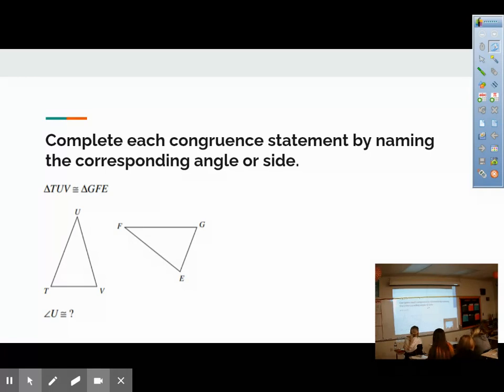Alright, go ahead, share with your partner what you wrote down. Angle F. It's actually G. Alright, number 14. Go write the answer on the board for us and tell us what you got.